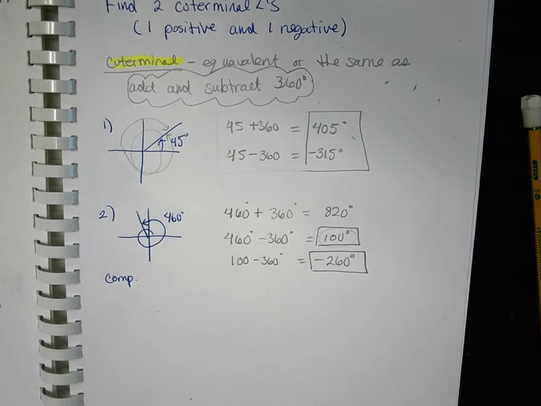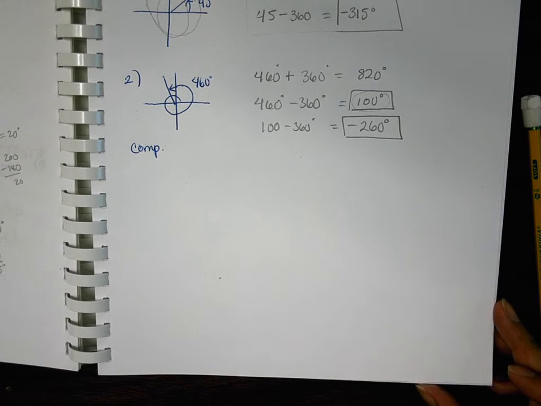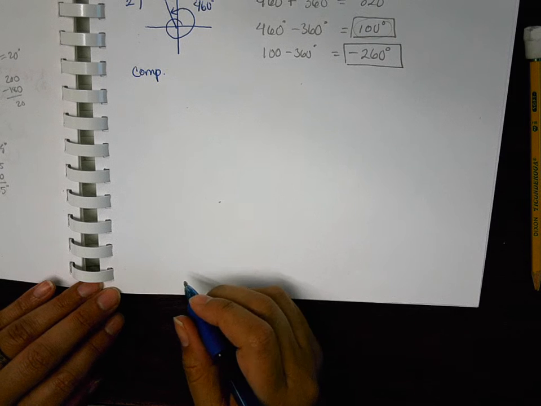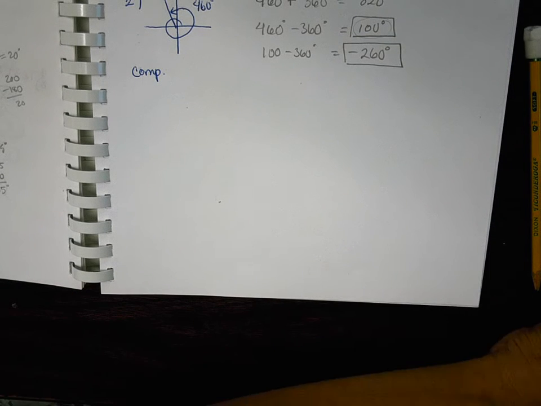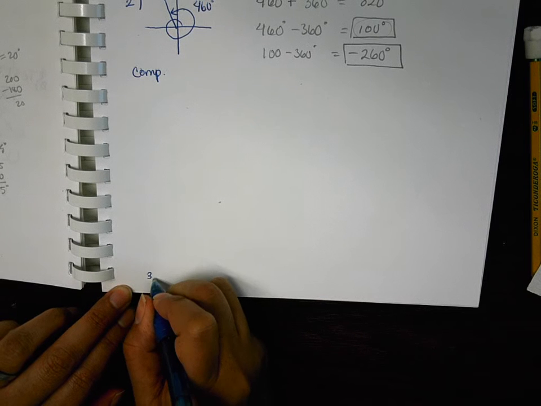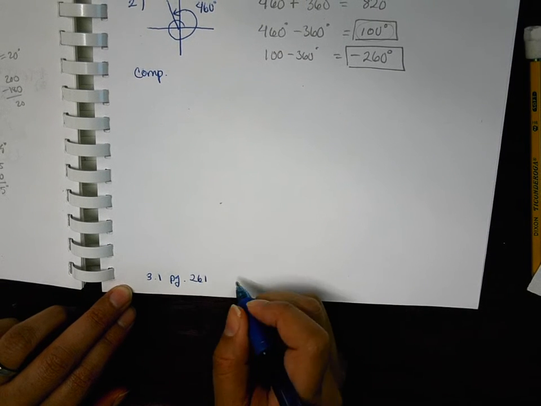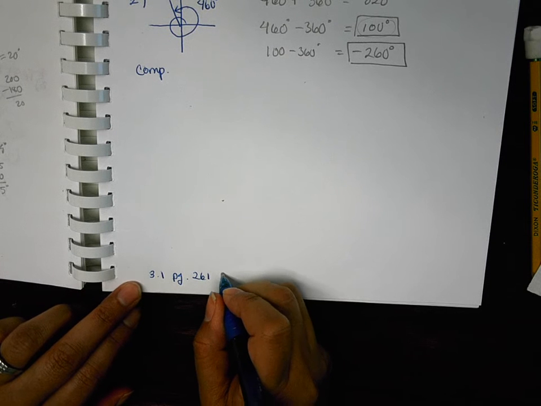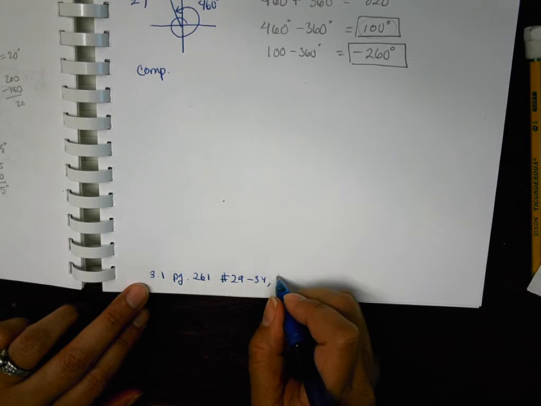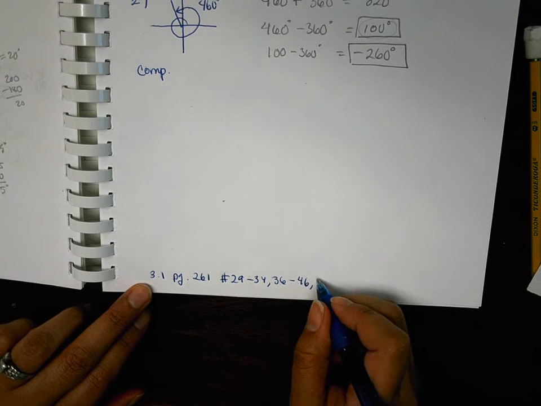I am going to squeeze the assignment for today down at the bottom, because she has to leave. It's a book page, finally. Page 261, numbers 29 through 34, 36 through 46, and 79 to 82.